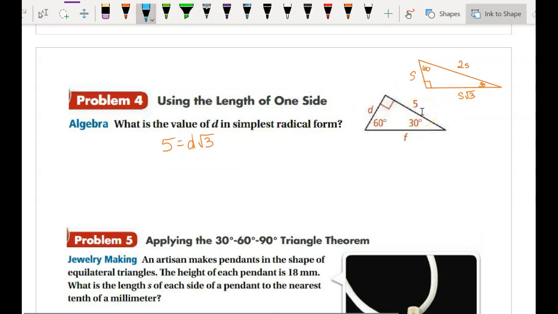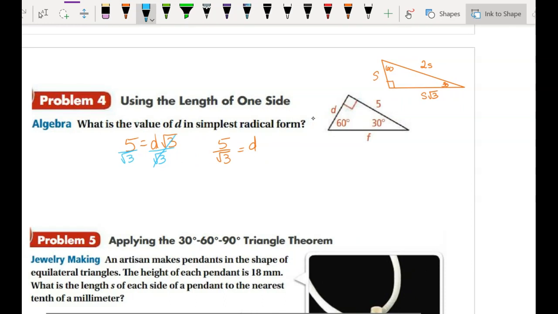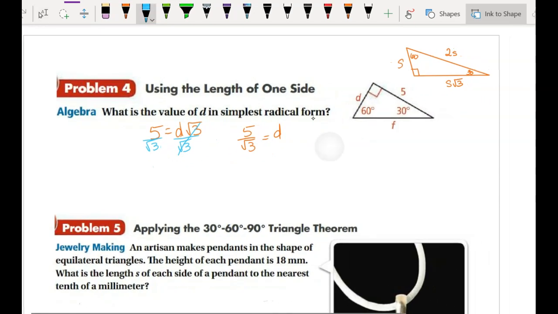So now we need to isolate our variable. I'm going to divide both sides by the square root of 3. So this cancels out. Now I have 5 over the square root of 3 is equal to D. Now remember, we can't have a radical in our denominator, so we're going to multiply by that weird 1 again so that we can get rid of it.